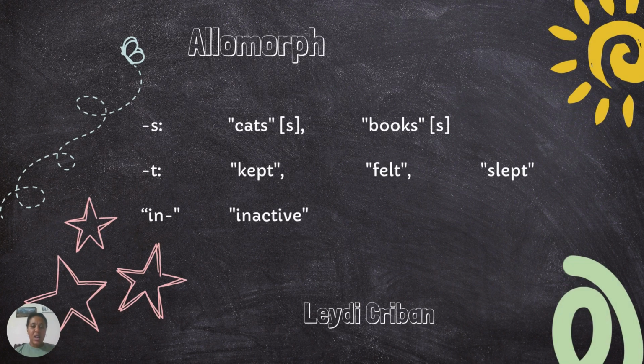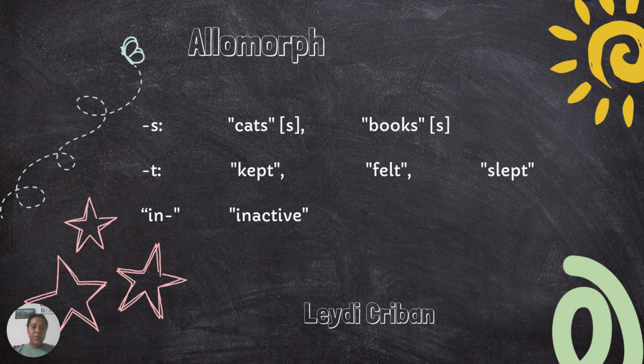What is an allomorph? Allomorphs are variations of the morphemes. The variation could be in how the morpheme is pronounced or how the morpheme is written. In the first case, we have the allomorph s.